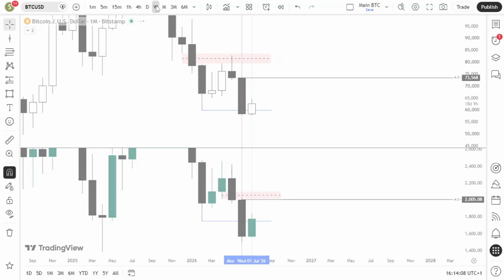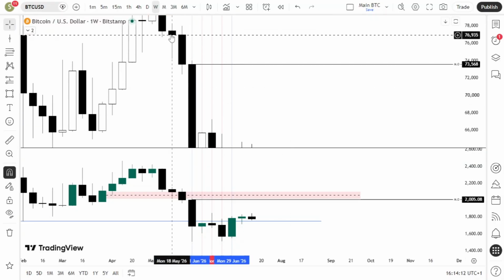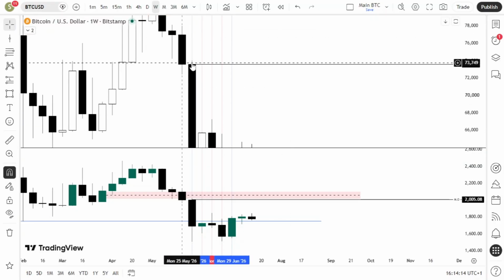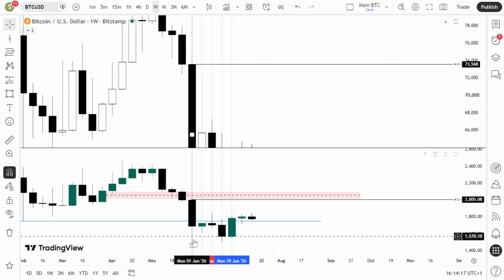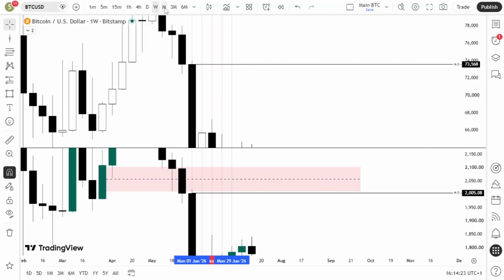If we go to the weekly and we check the weekly, likewise on the weekly, there's still nothing for BTC to reference. There's no bearish order block, there's no SMT around there. But you can see again, ETH still has that bearish order block from the monthly to reference.